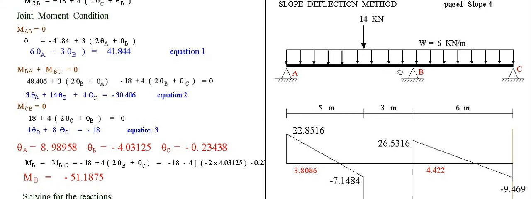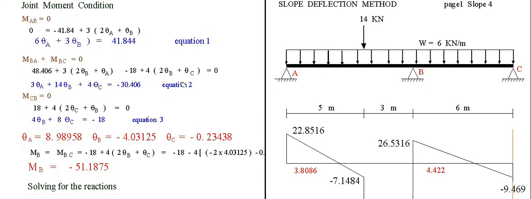The two moments, one negative, the other positive, when added together are 0, because the moment on the right and the moment on the left, positive and negative, are equal in magnitude but opposite in sign. So if we add the two numbers with positive and negative, they are 0. That is why moment BA plus moment BC must be 0.